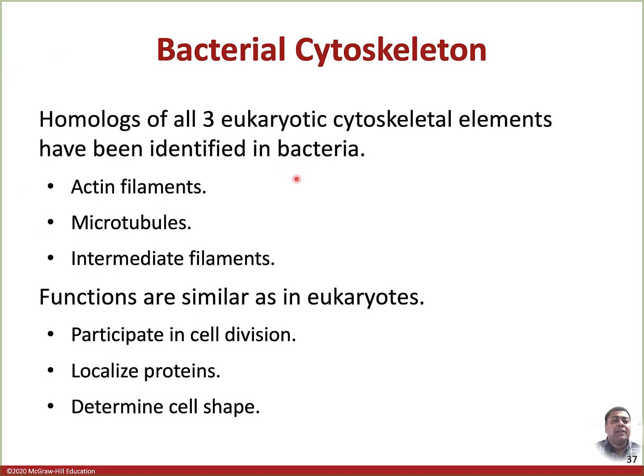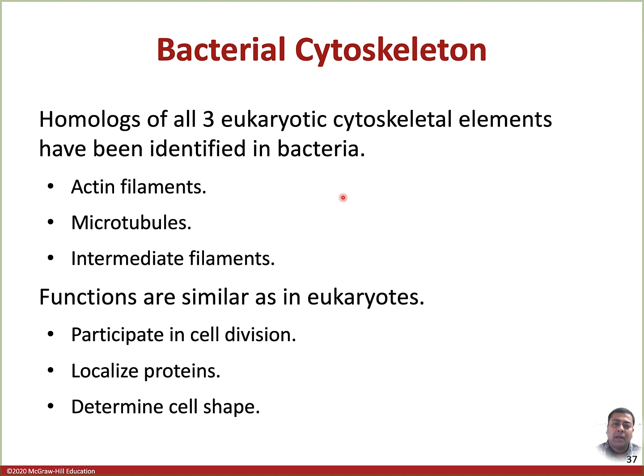For the bacterial cytoskeleton, initially it was not discovered, and scientists thought that only eukaryotes have a cytoskeleton and bacteria don't, but that proved to be wrong. Homologs of all three eukaryotic cytoskeletal elements have been identified in bacteria. These are homologs or analogs of actins, microtubules, and intermediate filaments.